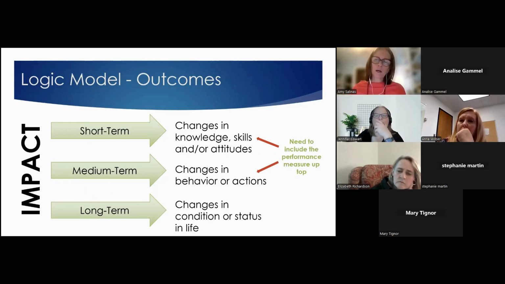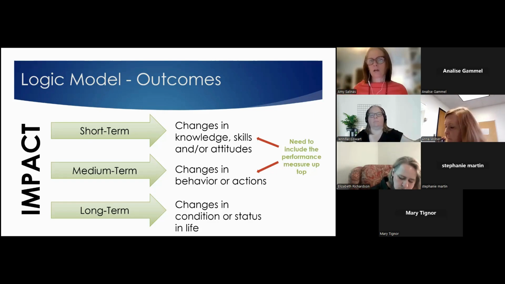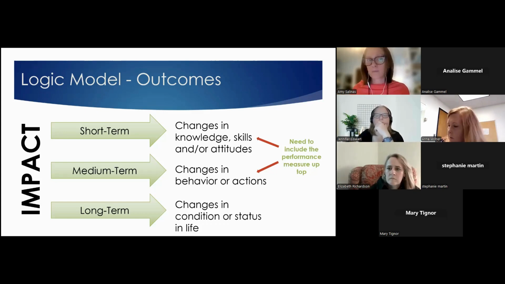And then there's the 3 columns on the far right that are about your outcomes, the change you're hoping to have happen, either in the end beneficiaries, which could be people, it could be organizations, it could be spaces, and it also could be in the members themselves too. There's 3 columns, short, medium, and long.